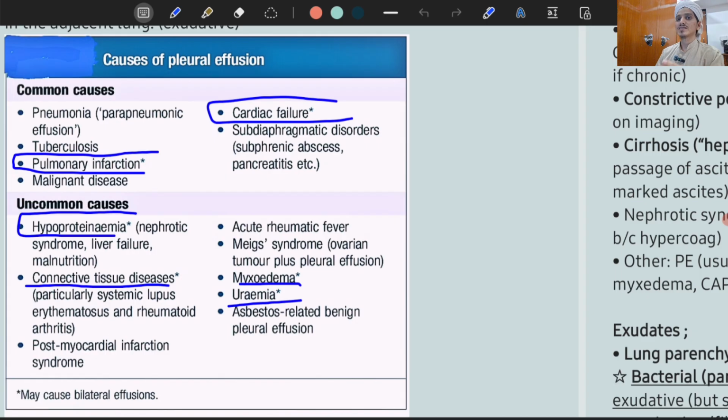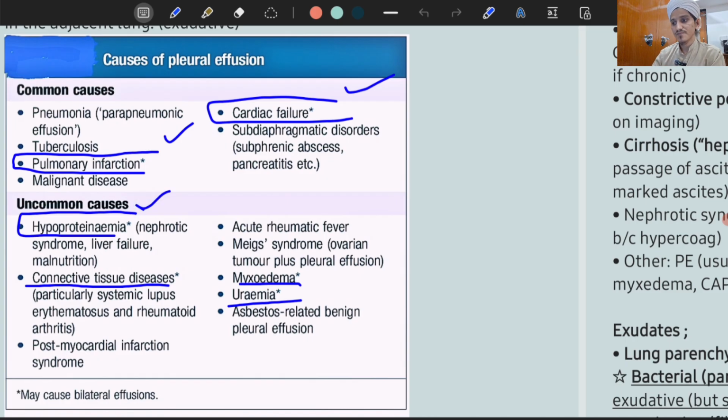So remember, when the disorder is systemic, it will usually cause bilateral pleural effusion. Pulmonary infarction is not a systemic disorder, but it is a local disorder that causes bilateral pleural effusion. Cardiac failure affects the whole system of the body, so it causes bilateral pleural effusion.